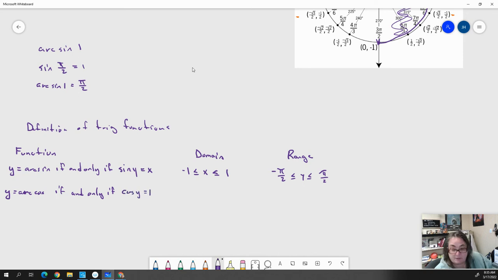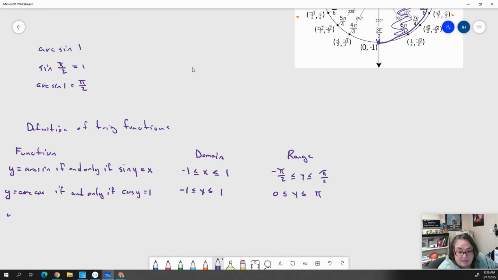And now our parameters here are still going to be -1 to 1 for x, and the y has to lie between 0 and pi. I think I wrote that wrong. I feel like that should be x right here.